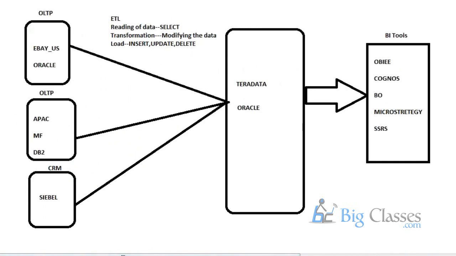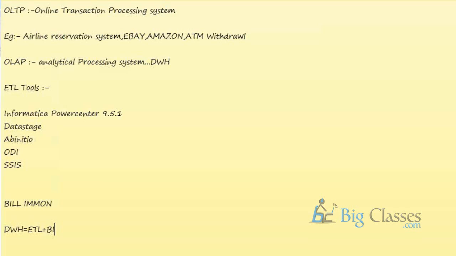And there will be an obvious question: why are we integrating the data from the OLTP system into the data warehouse just for reporting? Why can't I generate a report from the OLTP system? To understand why we go for an OLAP system: OLTP generally is in a normalized structure, normalized up to third normal form.